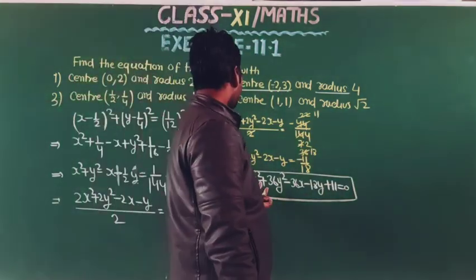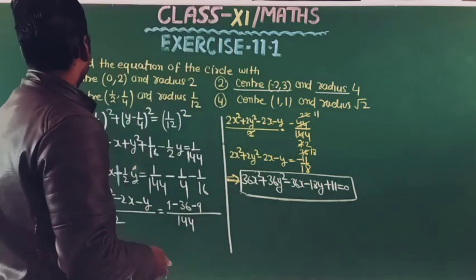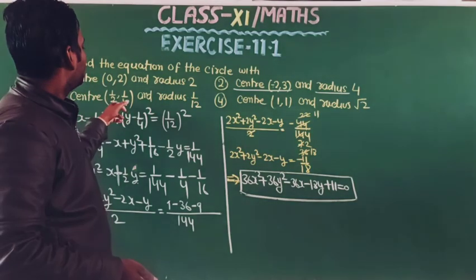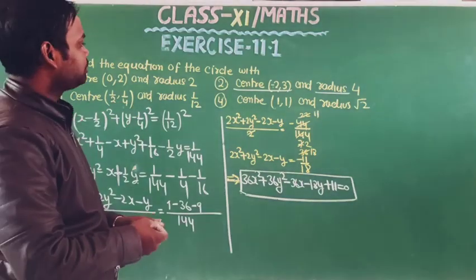So this is the required equation of the circle having center (1 by 2, 1 by 4) and radius equal to 1 by 12.